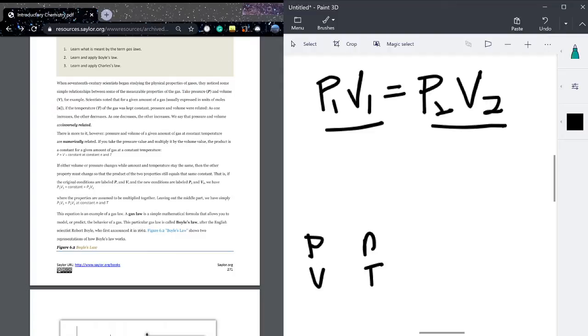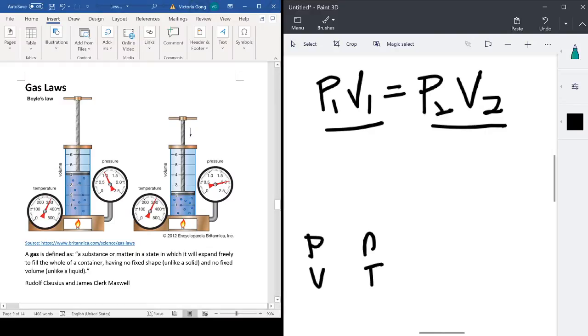So let's go back to the textbook, the lesson plan, and look at the infographic again. Okay, so right here we have a gas, and it looks like the temperature is kept constant at 300 Kelvin, and the number of moles, not going to individually count them, but they look to be the same.